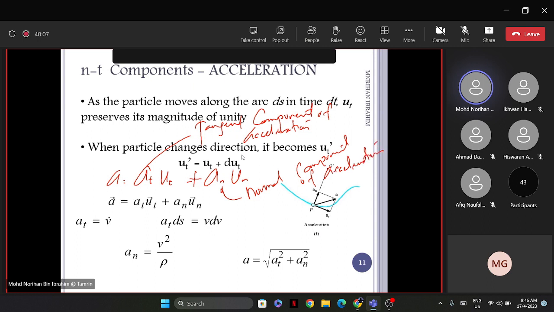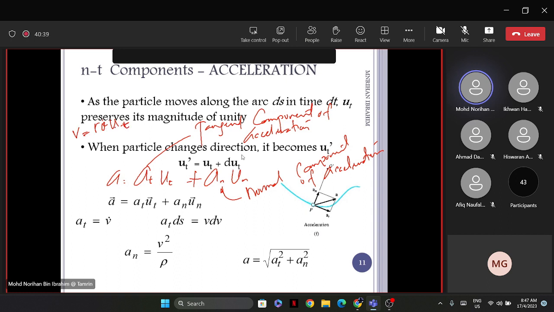And it is obtained by taking time derivative of velocity equation. If we take time derivative of velocity equation, at the end we can obtain the normal acceleration. We have the velocity equation v is equal to r theta dot u t.